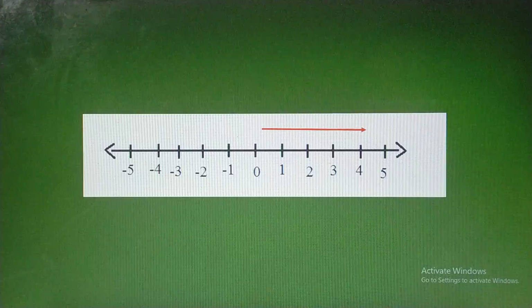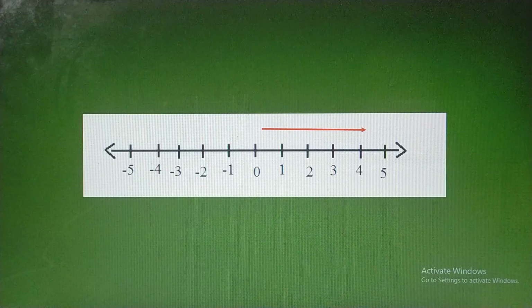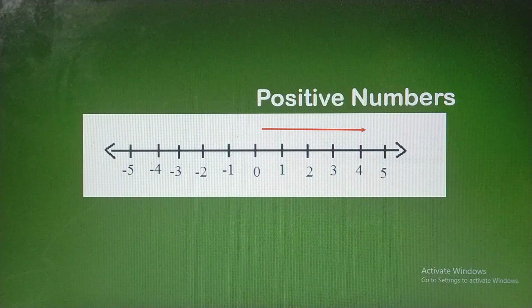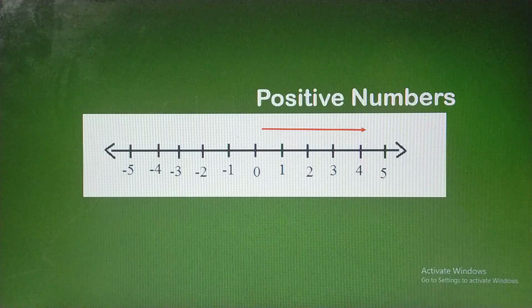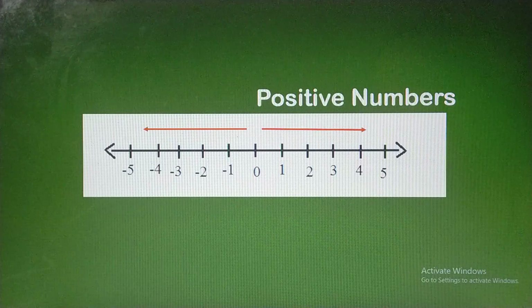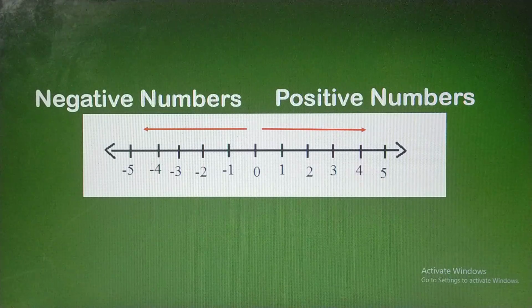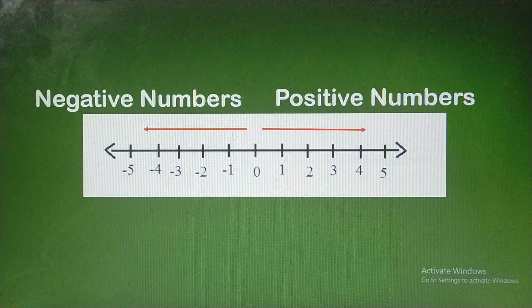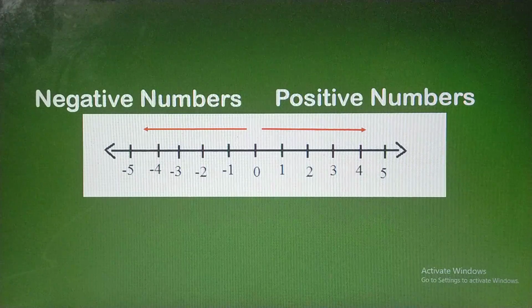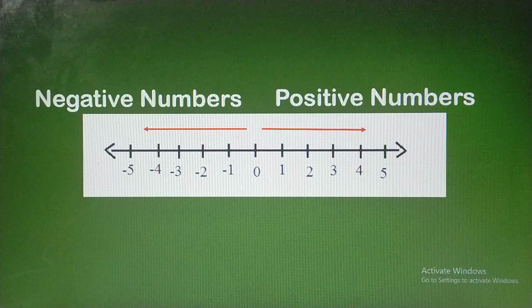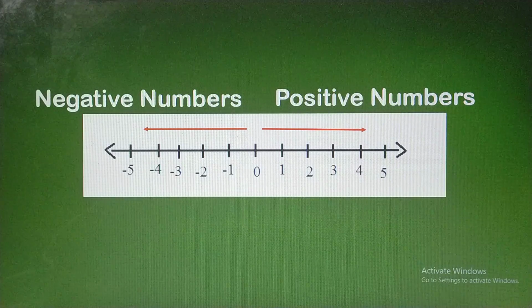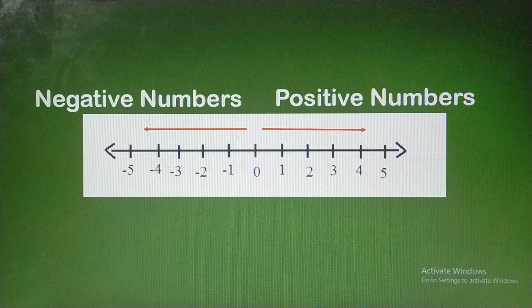Again, the numbers from 0 to right, those are the positive numbers, while yung mga numbers from 0 to left, ang tawag po natin doon ay negative numbers. So, yan ay kadalasang tinatawag ding counting numbers, kasi kapag nagbibilang tayo, we use counting numbers and whole numbers.